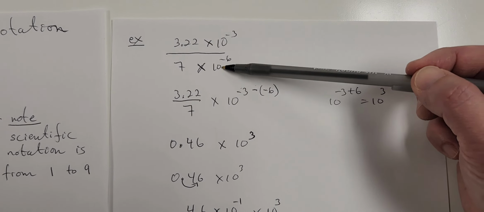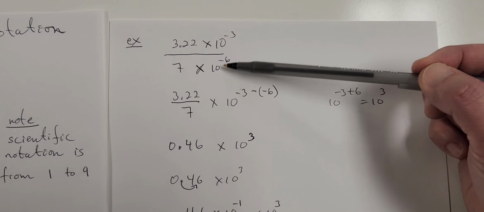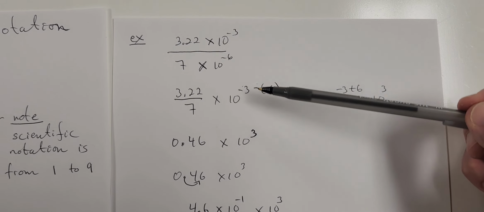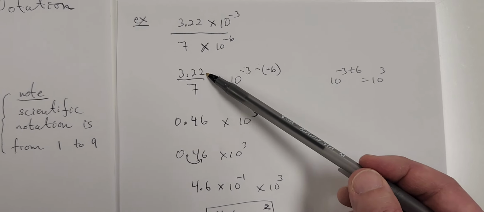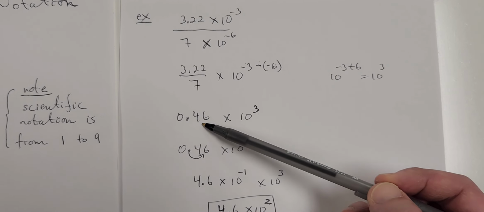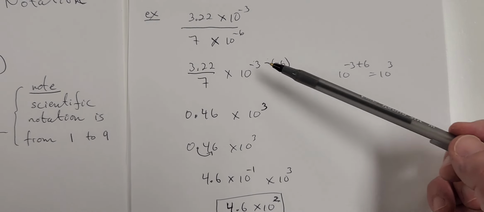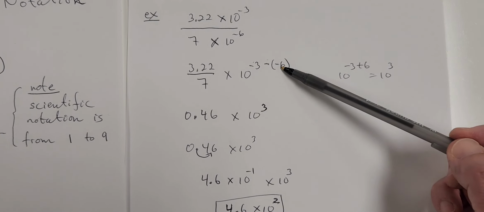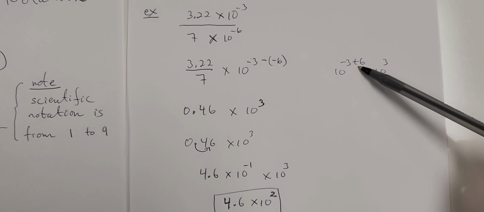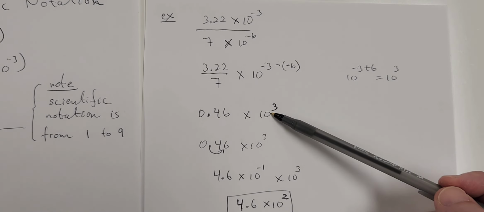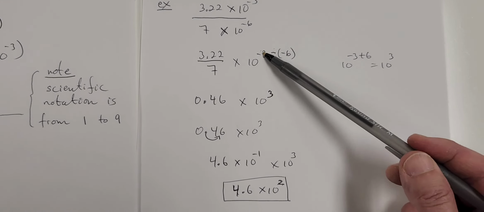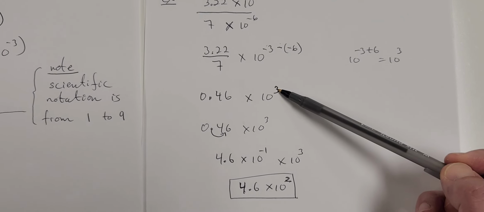Because we are dividing powers, so we have to subtract. So again, 3.22 divided by 7 gives me 0.46, and then negative and negative gives me positive, which I did on this side, and then -3 plus 6 gives me +3. So that's where the +3 comes from.